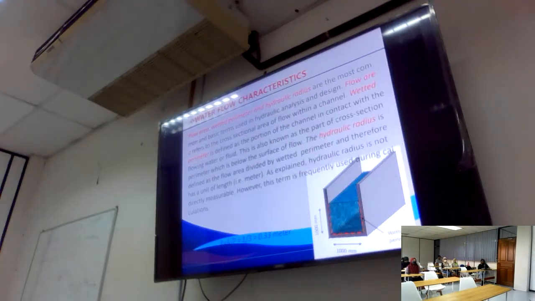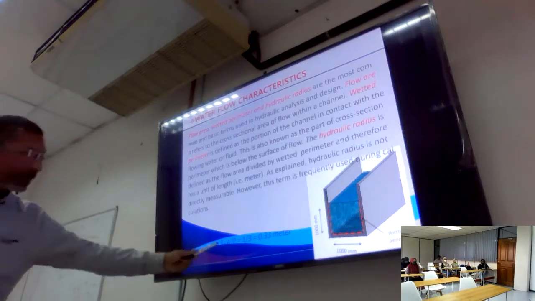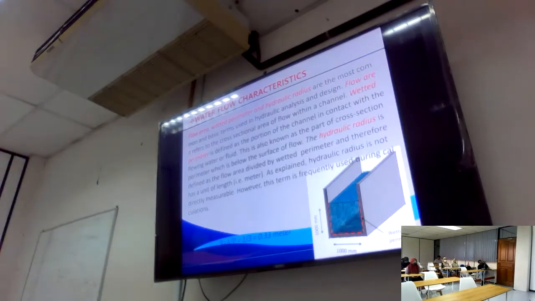The second one is the wetted perimeter. You see this formula here? Wetted perimeter is P, and then you have R, the hydraulic radius. Because in this formula you have R, right? R is not the radius.